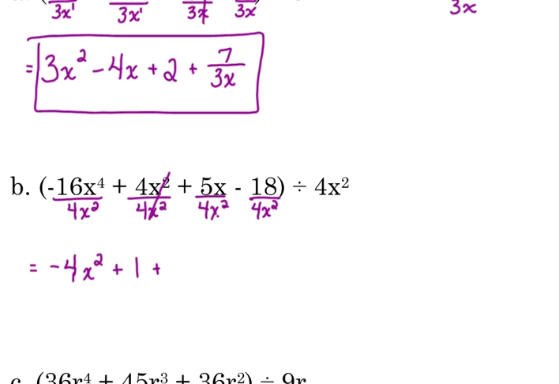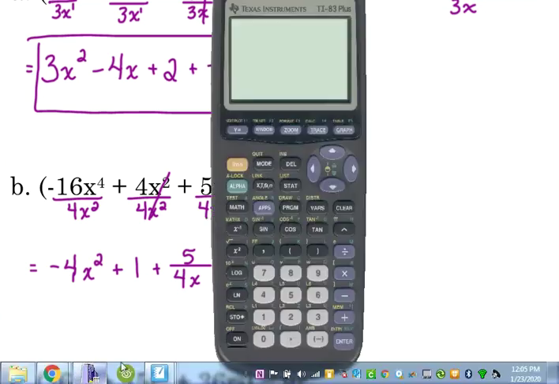5 divided by 4, it does not reduce. 5 over 4, not evenly divisible, and it doesn't reduce. X over x squared, you subtract the exponents and put it where the exponent was bigger. So 2 minus 1 is 1, but it was bigger in the denominator, so the x goes in the denominator. 18 over 4 does not divide evenly, but it does reduce.